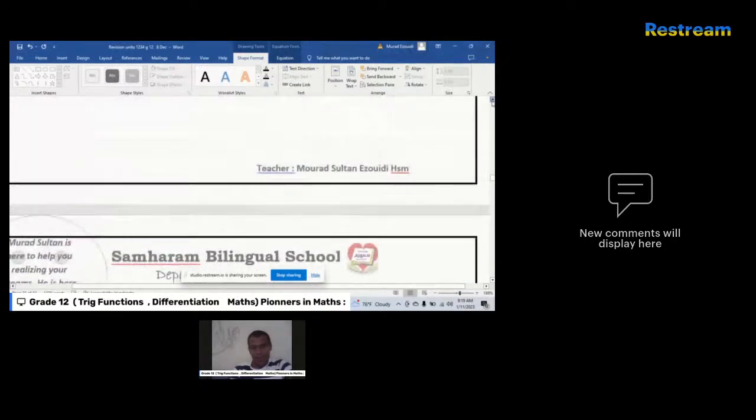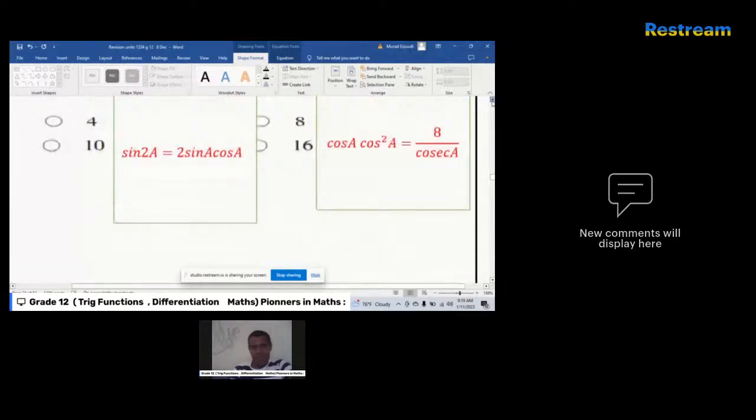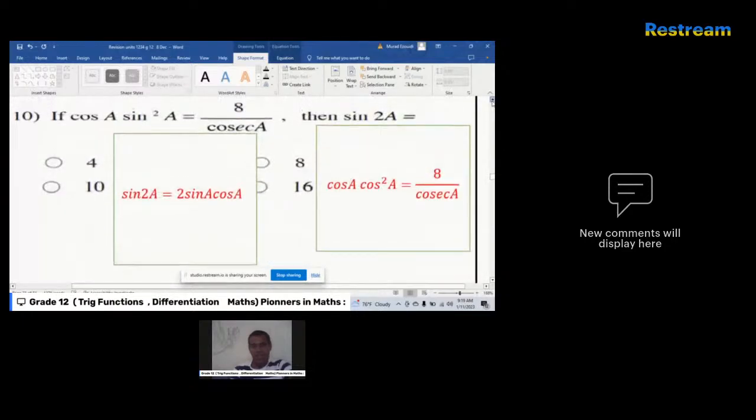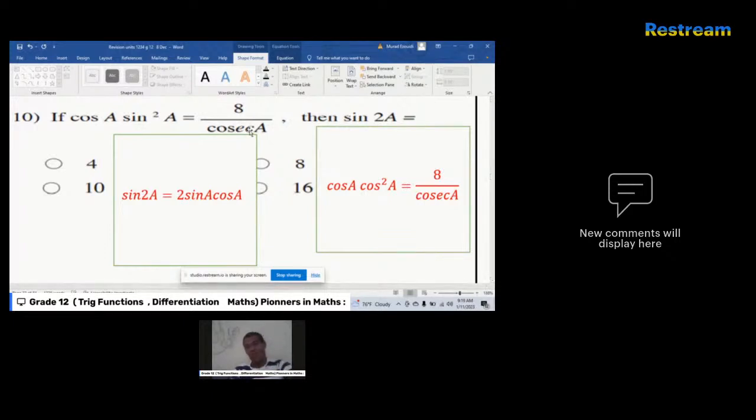This is the question. If cosine A times sine A square equals A divided by cosec A, what is the value of sine 2A? This is the formula of the sine double angle: sine 2A equals 2 times sine A cosine A. And this is my original function.